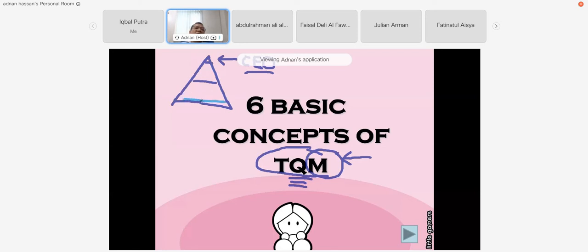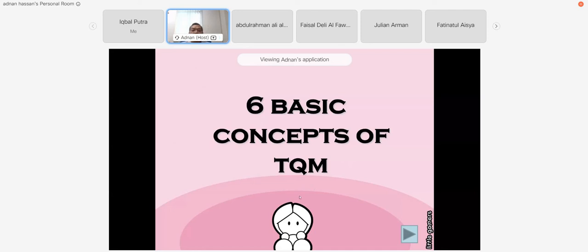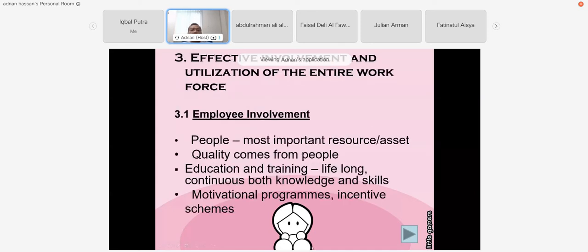When we involve top management in quality, it will be more effective and more successful in terms of implementation. All right, so that is in general why we call it TQM. It is company-wide because it becomes total, everyone is responsible. Okay, let me move on.